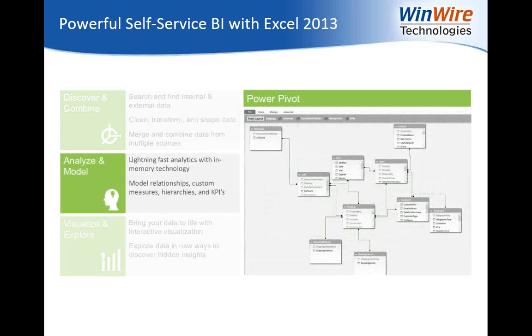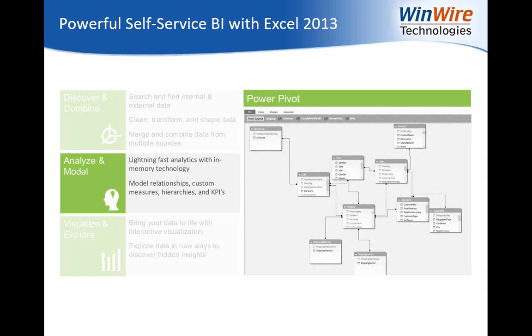The second component: once we have got our data cleaned up and identified all the different components of data, we load it into Power Pivot, which is another Excel-based client tool. Power Pivot allows us to bring in data and create relationships between those different data components. It also allows us to create KPI hierarchies, which enhance the analytical capabilities.